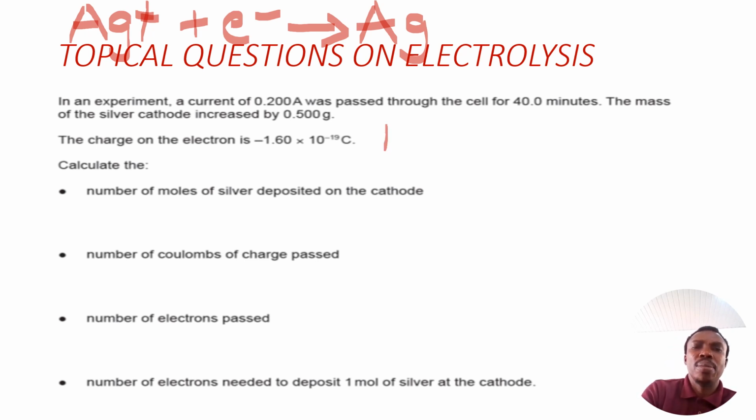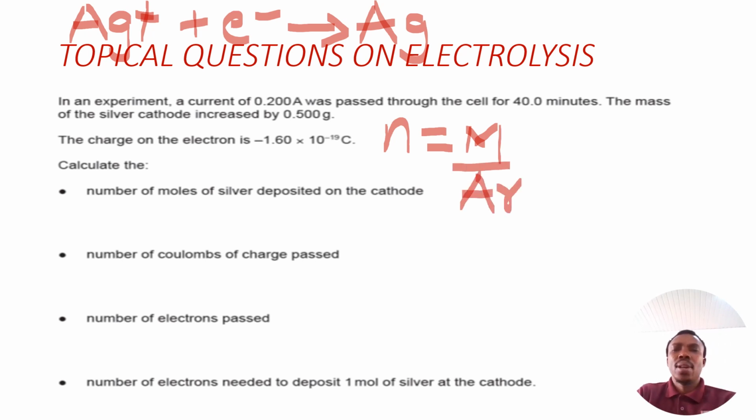We use number of moles is equal to mass over the relative atomic mass of silver. You look at the values we are given: time, current, mass. So you have to consider the values, then you know what to do.